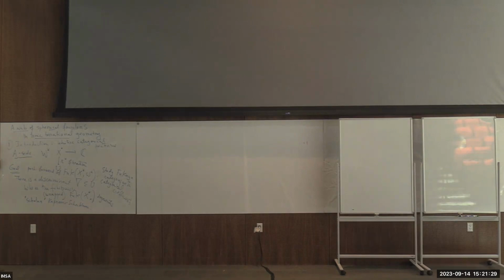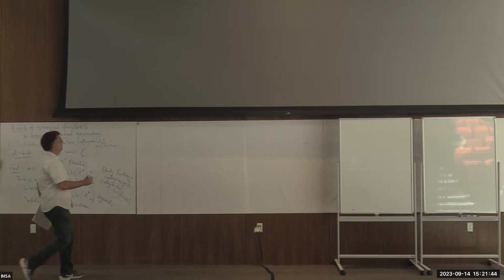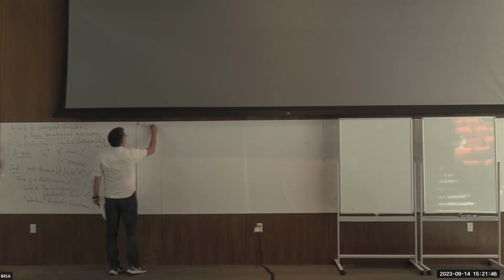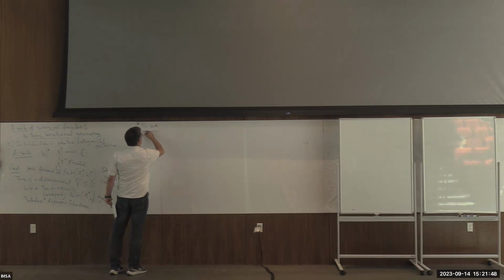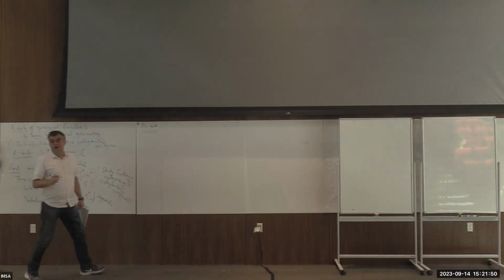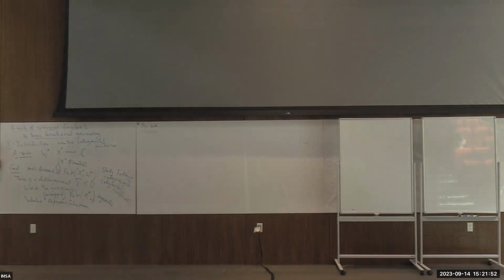By now, there are all sorts of examples, even on the A side, where this is understood, and people have worked out all sorts of examples. But my point of view here is in a way different, and it's on the B side.